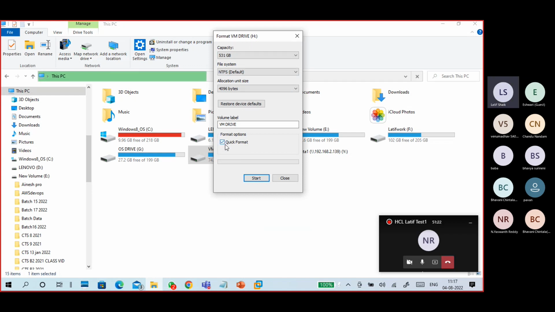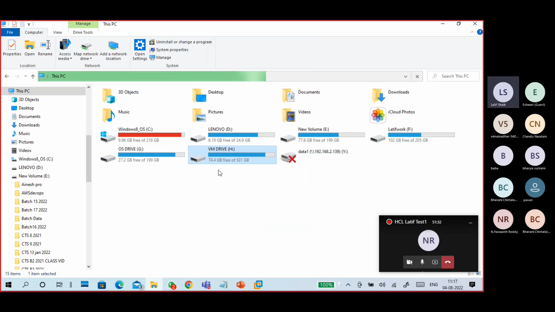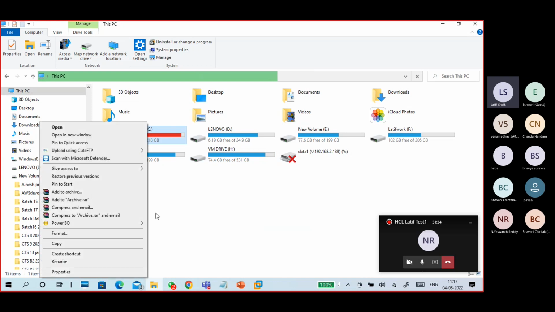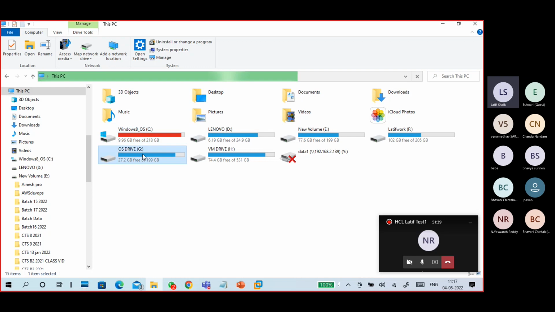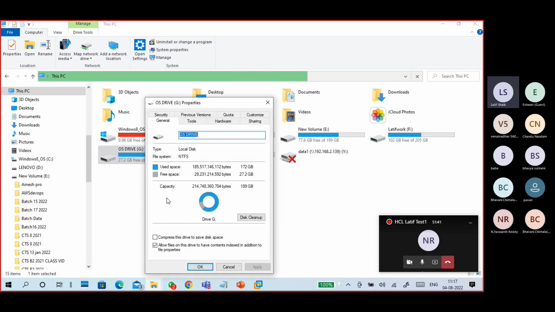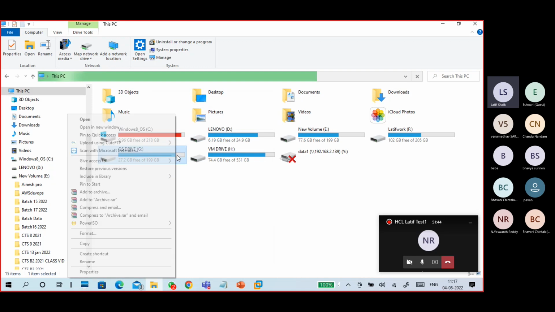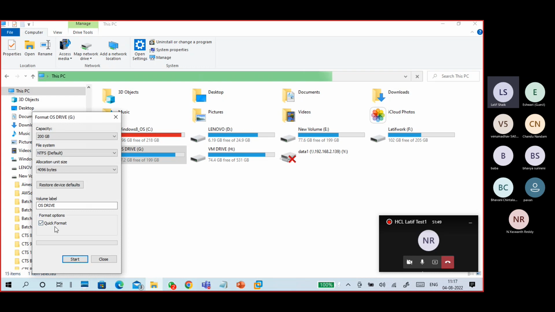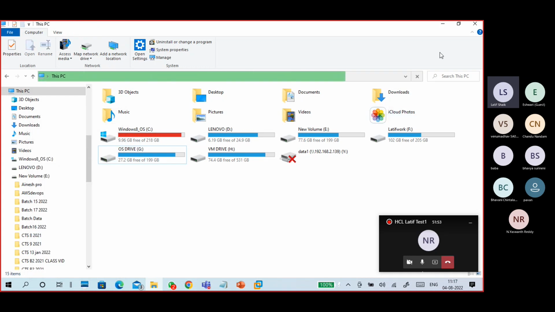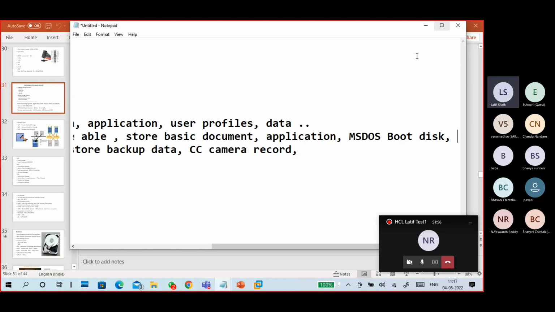You can see quick format. Actually, there is an option for format. If I connect a pen drive, at least it may show the format option. One is quick format. Another option is there, that it will prepare a boot disk.